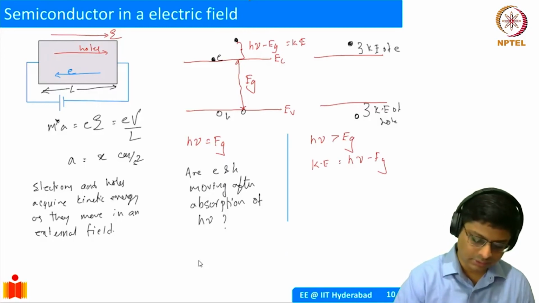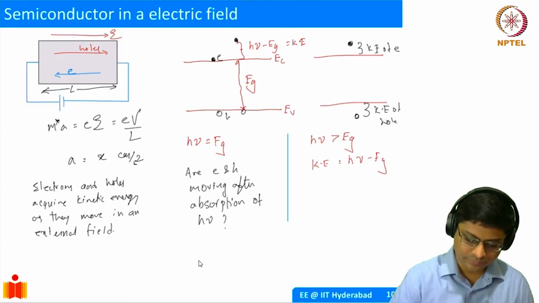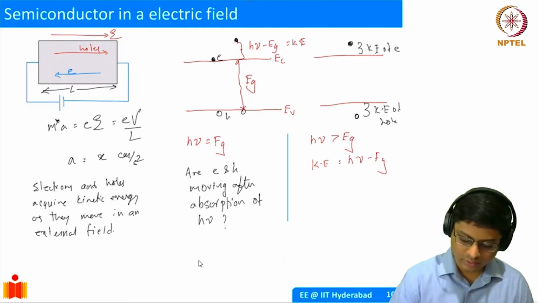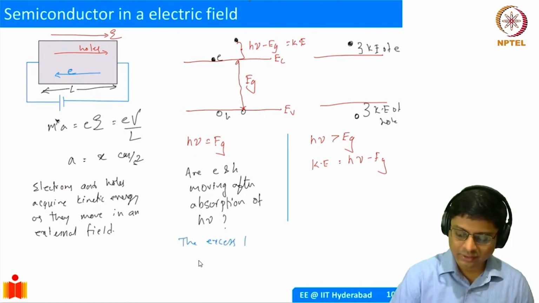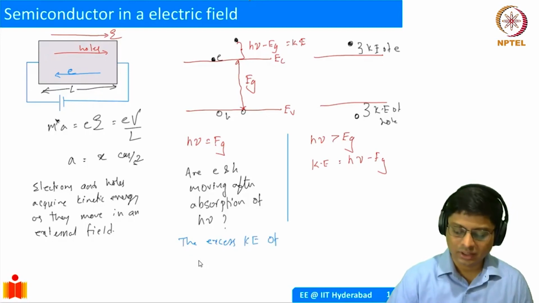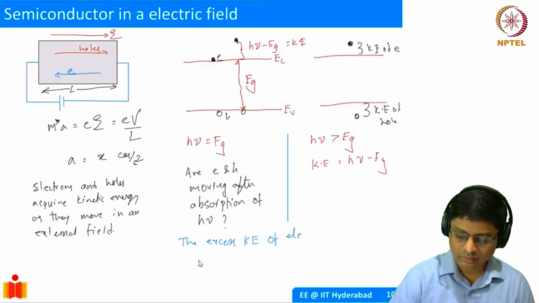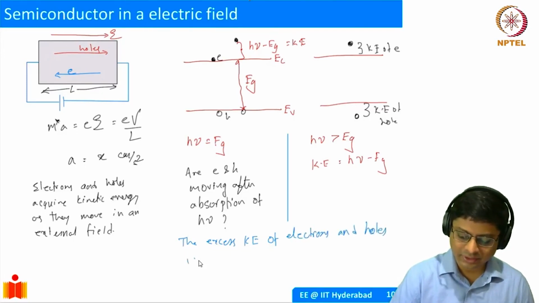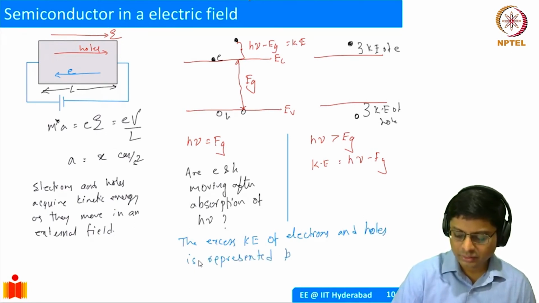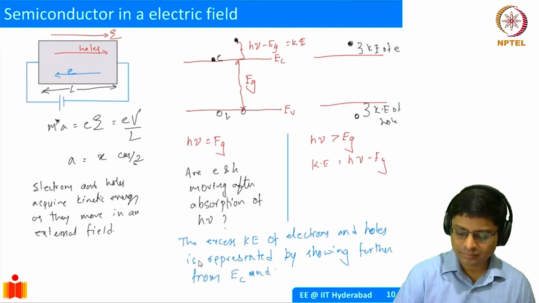The excess kinetic energy, after breaking the bonds, of electrons and holes is represented by showing them further from EC and EV respectively.